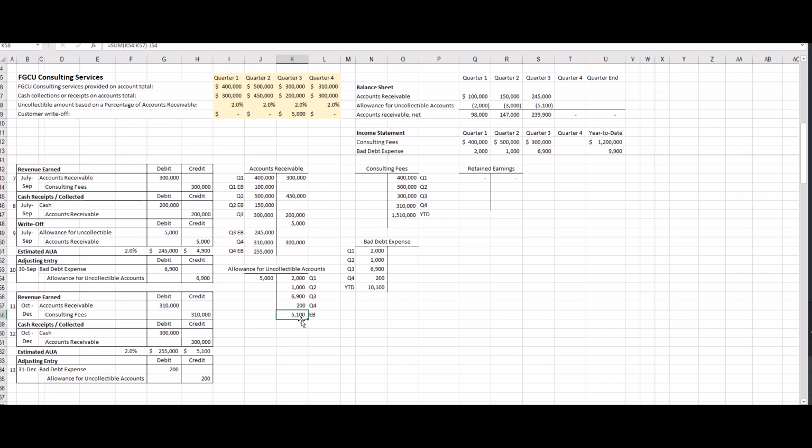We debit bad debt expense for $200 and credit allowance for uncollectible accounts for $200. Once the amounts are posted to the general ledger, the bad debt expense for the quarter was $200, and for year to date, it is $10,100.